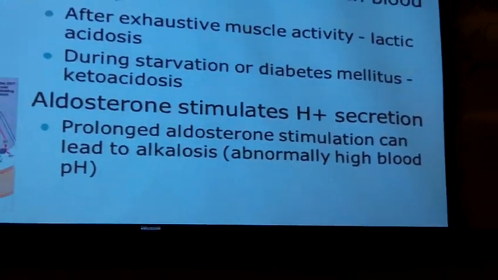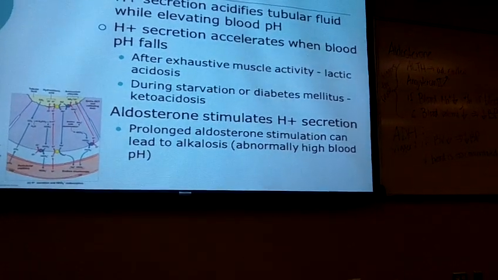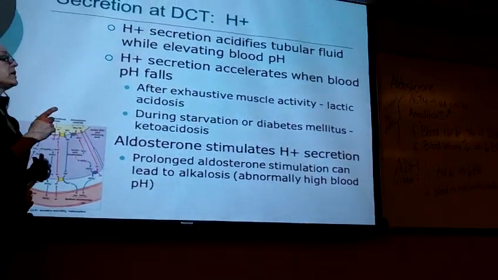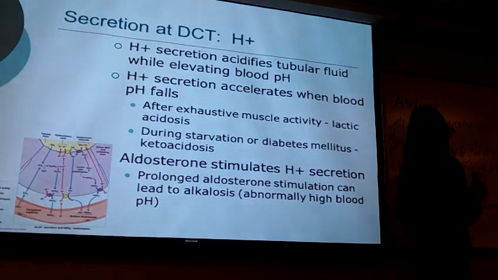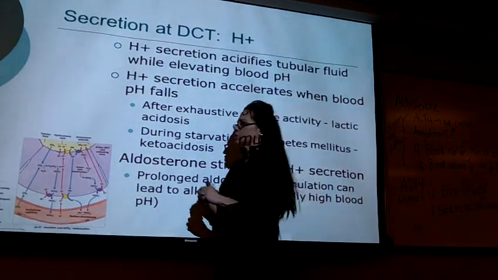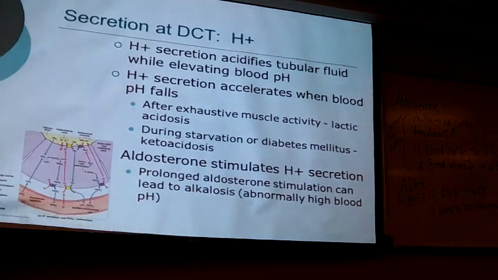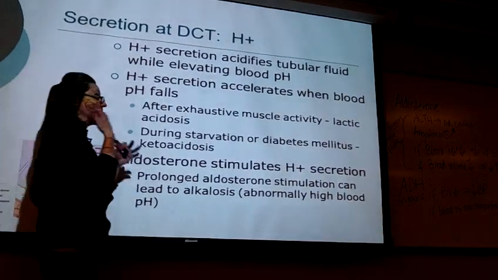Now, I do want to talk about hydrogen ions because this is how we're going to regulate our blood pH. Now, this should be very intuitive for you guys. You shouldn't have to memorize this. So let's just walk through it and make sure it is intuitive.